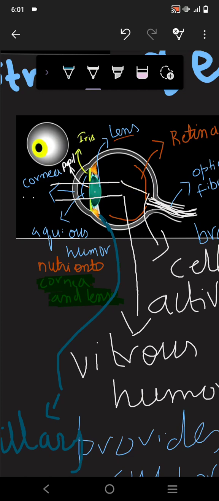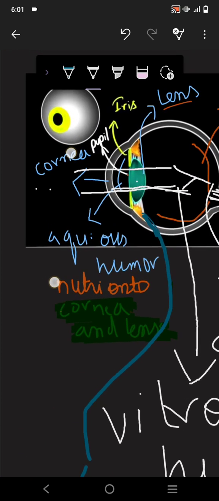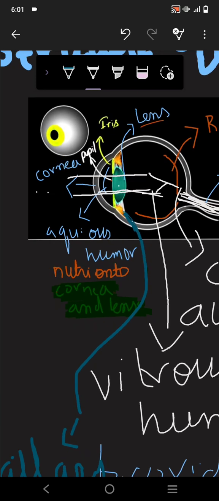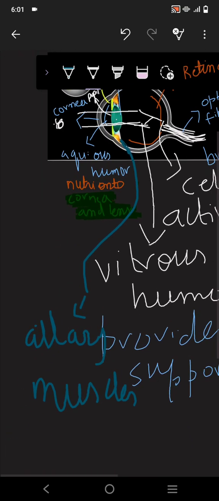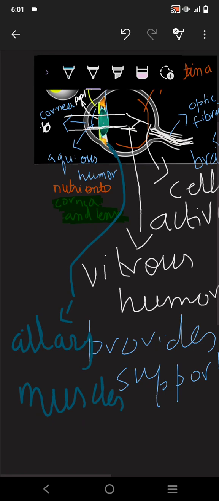When the object is very far from our eye, the ciliary muscles require more power to make the image.